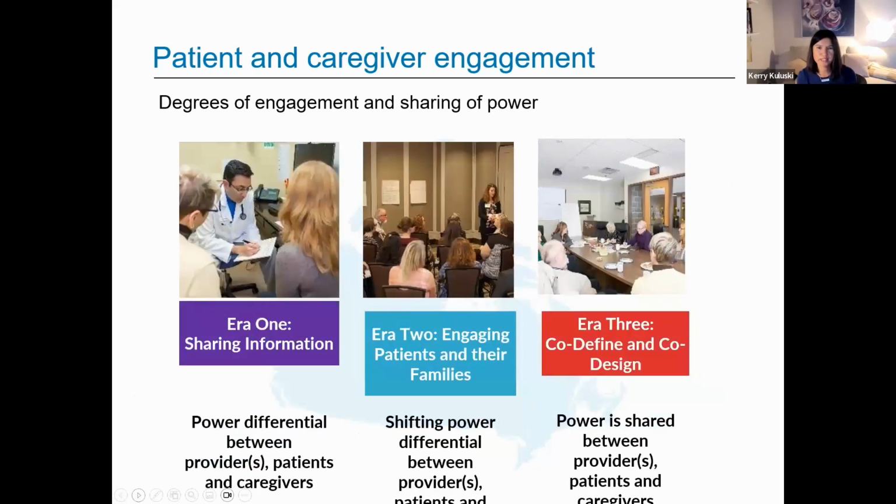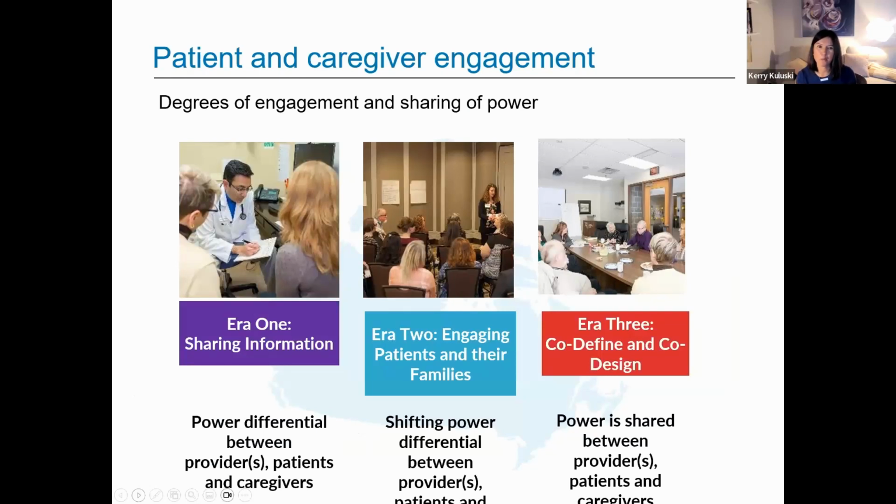And of course, there's also different degrees of engagement. And with these different degrees, there's different levels of power. So when we talk about engagement, we're talking about power. And clearly there's some groups that historically have a lot more power in these types of interactions than others.